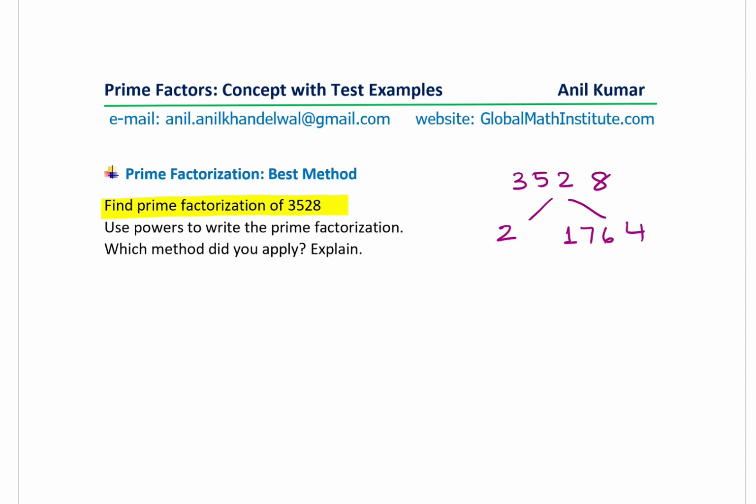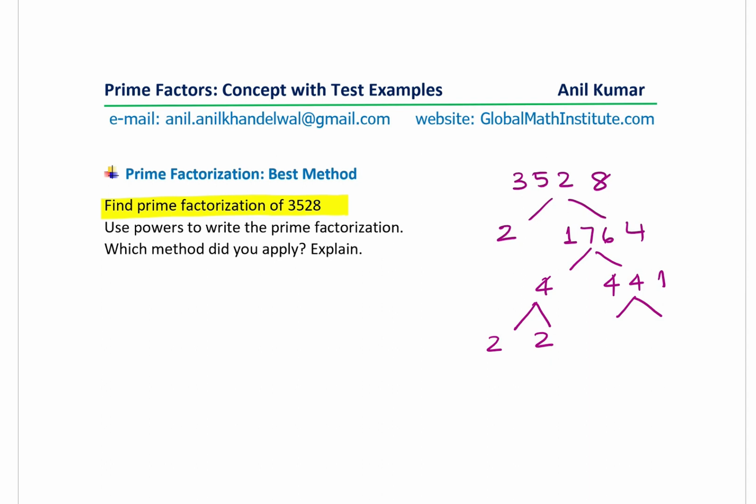Since it is an even number like this, the last two digits can be divided by 4. So we could also divide it by 4, right? So I could divide it by 4 also if I want to. So 4 times 4 is 16. We get 16 again, and 441. So we kind of saved a step. Do you see that? And now at this stage, we could divide 4 by 2 into 2, and 441.